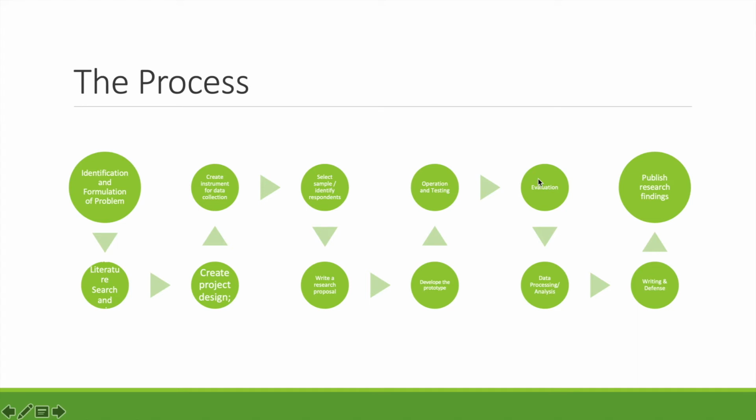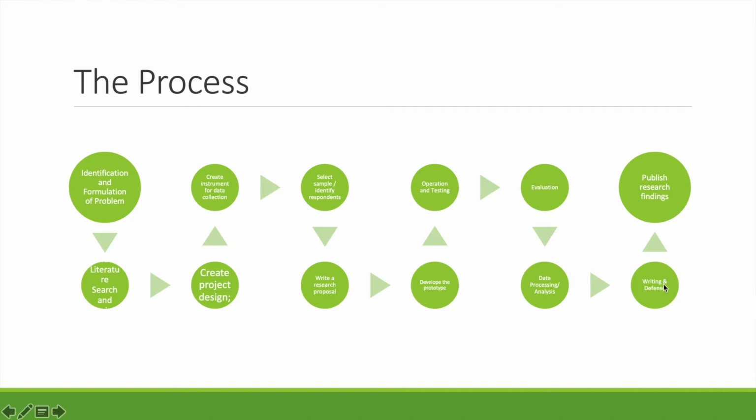From evaluation of our operation and testing, we can get concrete data. And then from that data, we are going to analyze, may it be in any statistical formats. Okay? And then, if we collect the data, we have analyzed all the information. Then we do thesis writing.